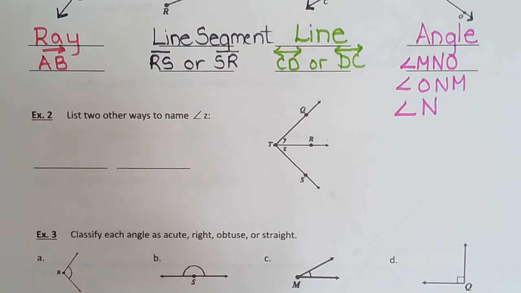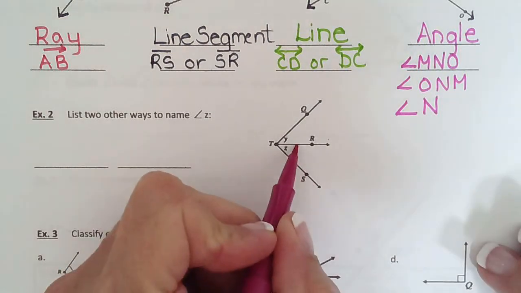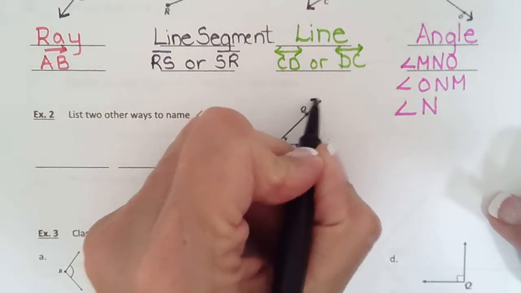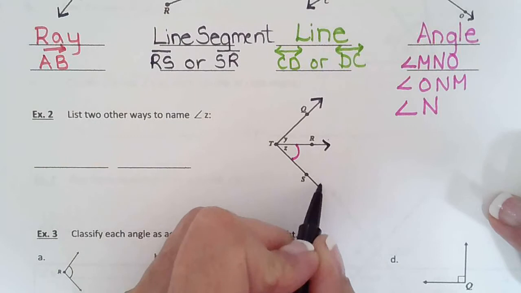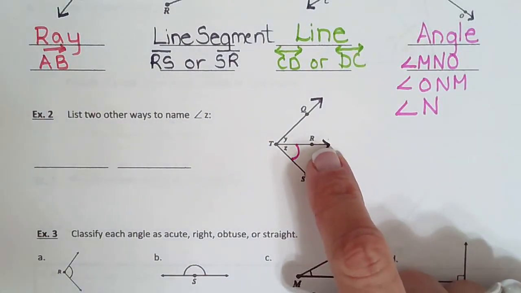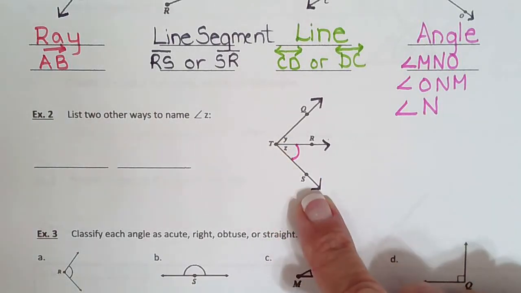So this is some more practice. List two other ways to name angle Z. I kind of like to have it pictured there. So these are arrows here. I'm going to write them in a little bit bigger. So angle Z could be called RTS.